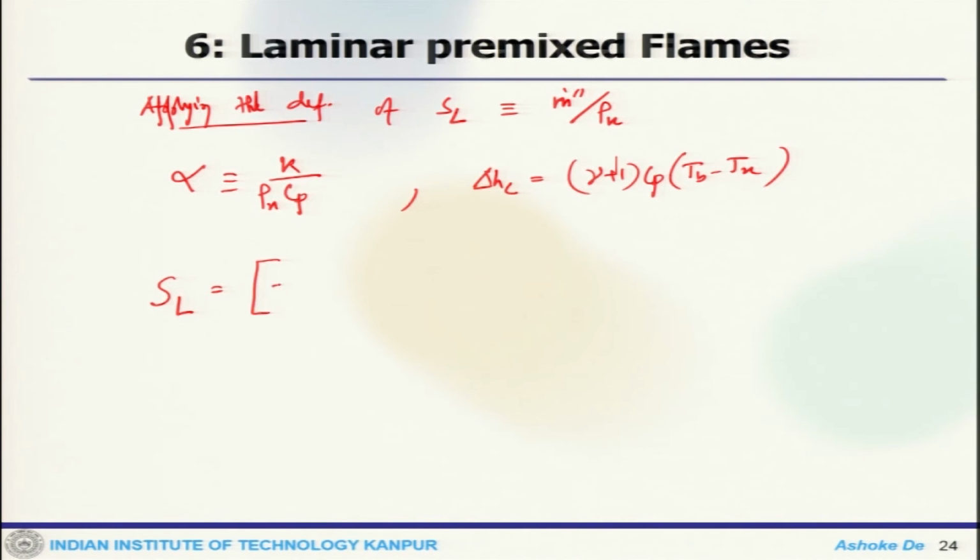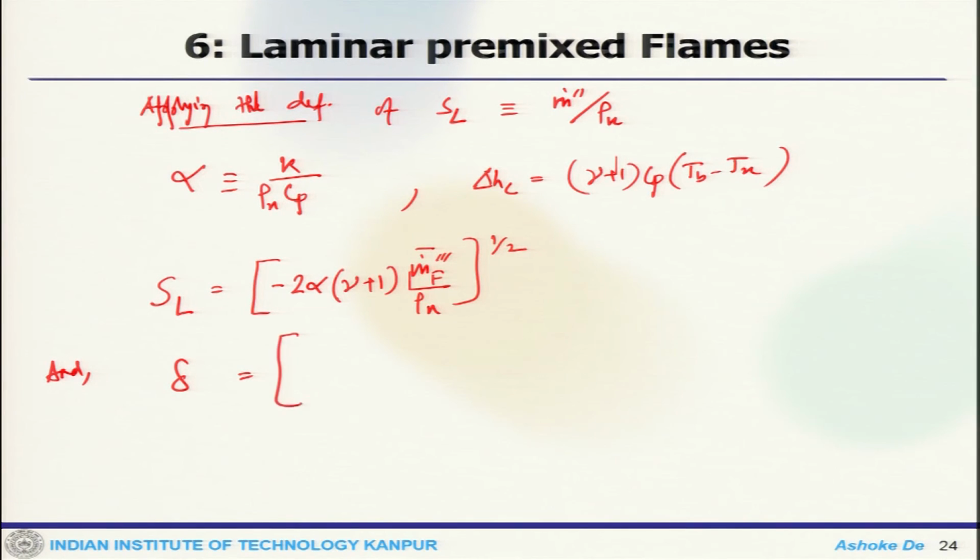SL equals minus 2 alpha (nu plus 1) average reaction rate by rho u, to the power half, and delta equals 2 rho u alpha divided by (nu plus 1), to the power half.